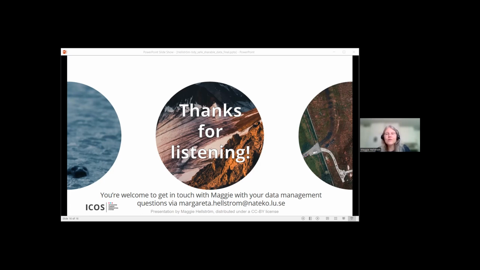Maybe just use this argument, which is maybe a little bit harsh, but still very true. And that is that when we do science, we sort of implicitly sign up to a contract of doing things in the right way, right, in an ethical and professional manner. And having a really sketchy way of dealing with your data and metadata and all other resources related to your research, that is not organized and not easy to reproduce, etc., is really breaking that social contract as a researcher.